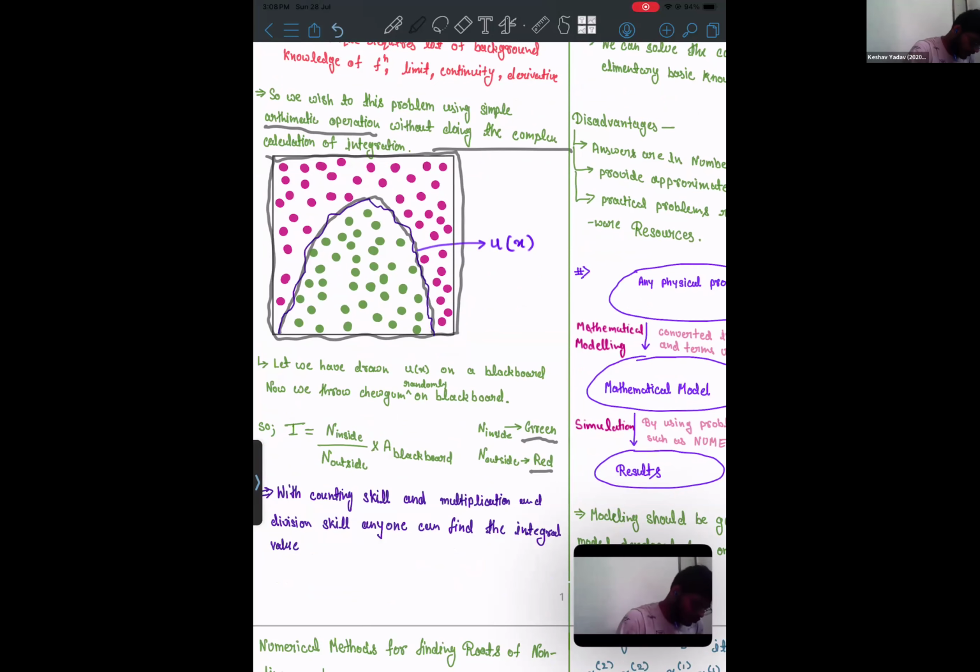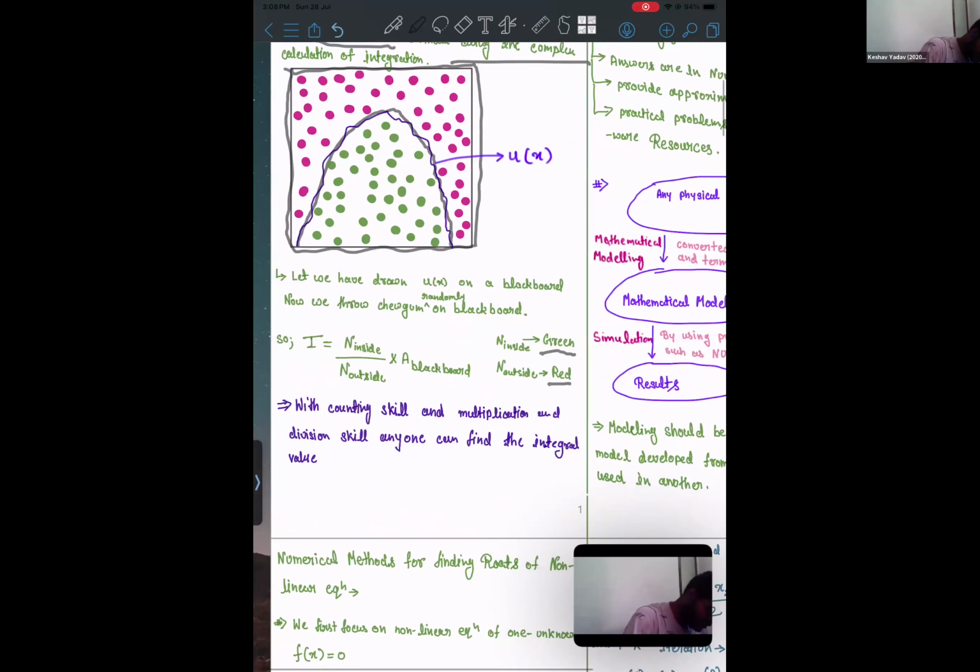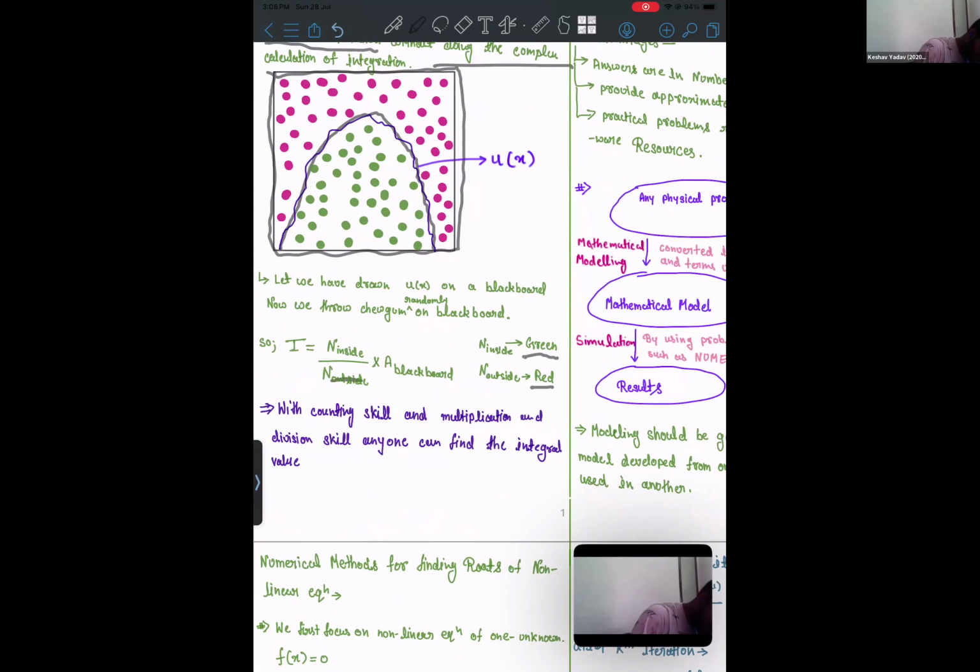So n inside divided by n total, multiplied by the area of the blackboard. By using this simple formula, we can calculate the integral I. Having only counting, multiplication and division skills, anyone can find the integral.